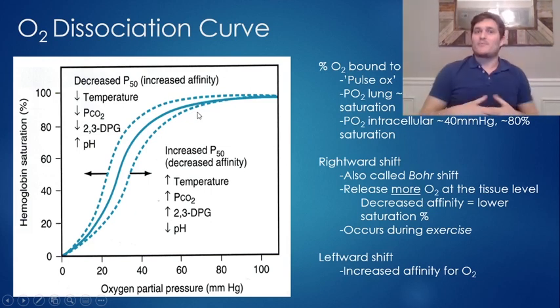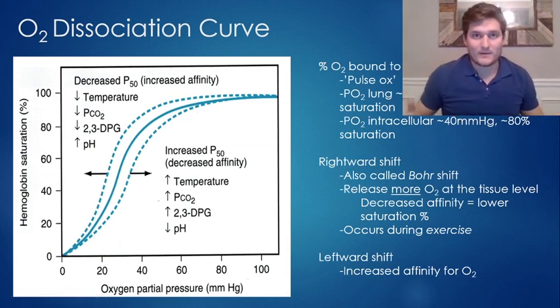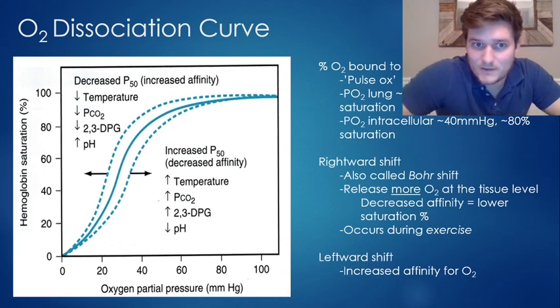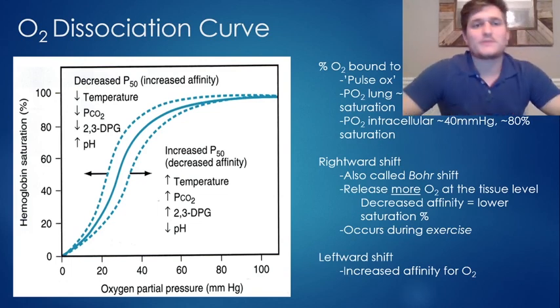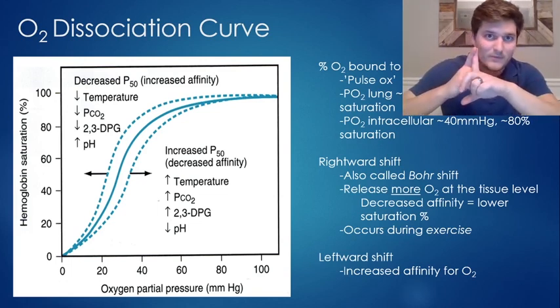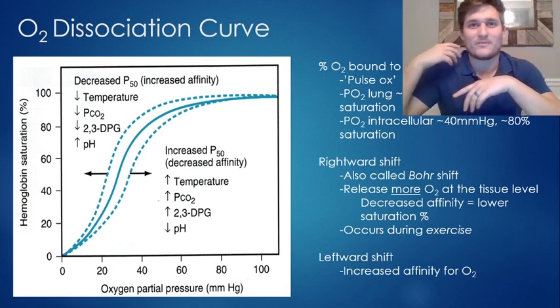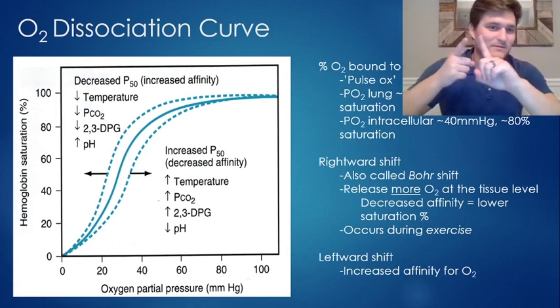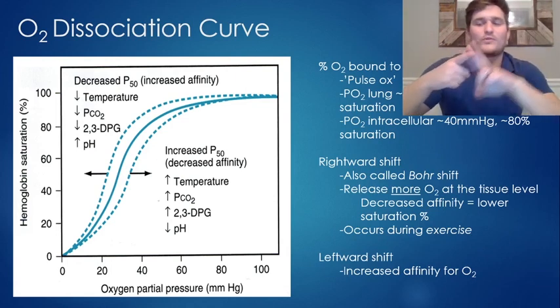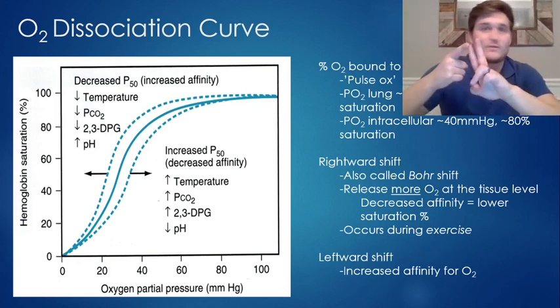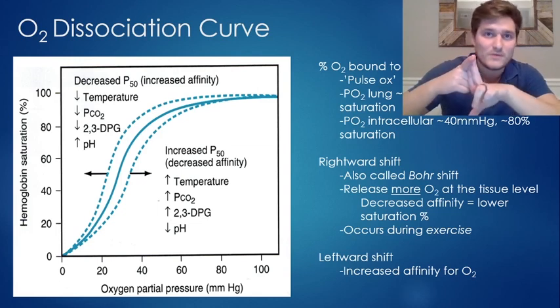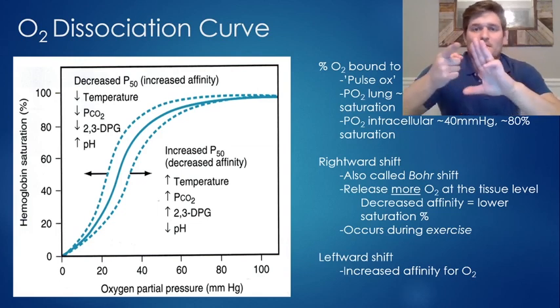Now, let me give you an example that relates this a little bit better. During exercise, you could look at these factors and determine that temperature is going to go up, right? You sweat during exercise, you're breaking down more nutrients, you're releasing more heat, so temperature goes up. Through that increase in metabolism, you're also producing more CO2 at those skeletal muscles.